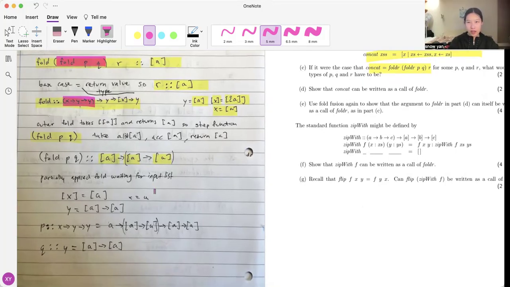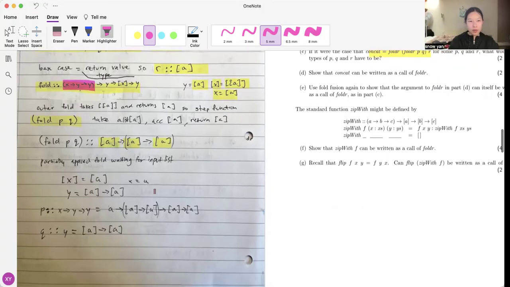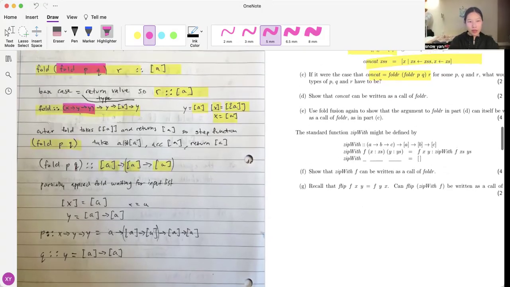And then this is just a partially applied form because we have fold of PQ. So then in reality, if we were to have a second expression of the fold, let me erase this. If we were to have a second fold, this was the initial.